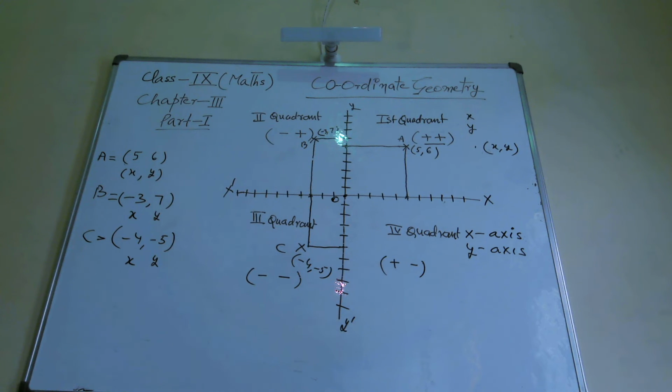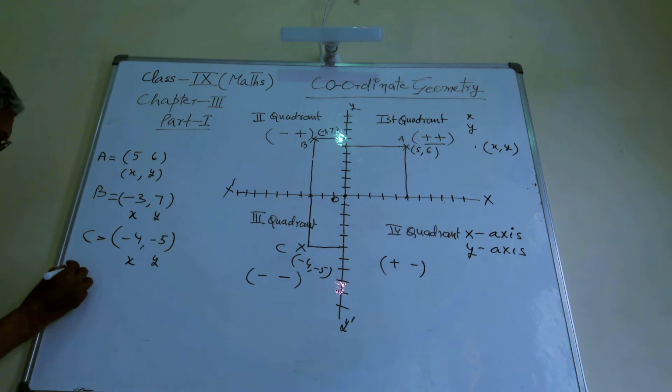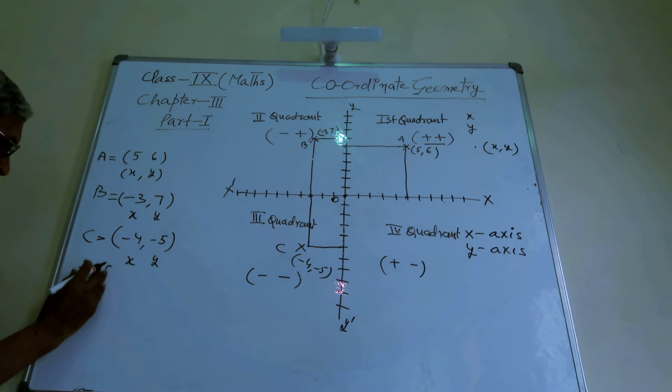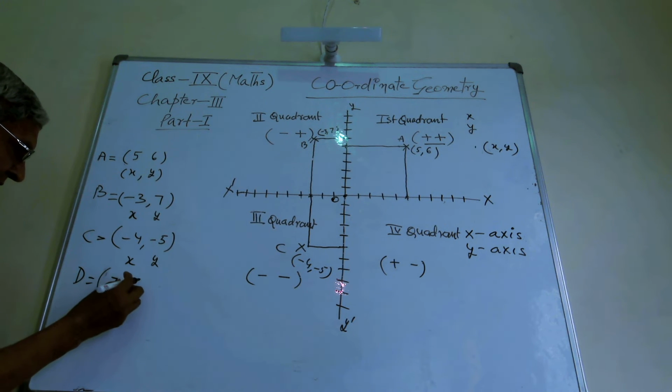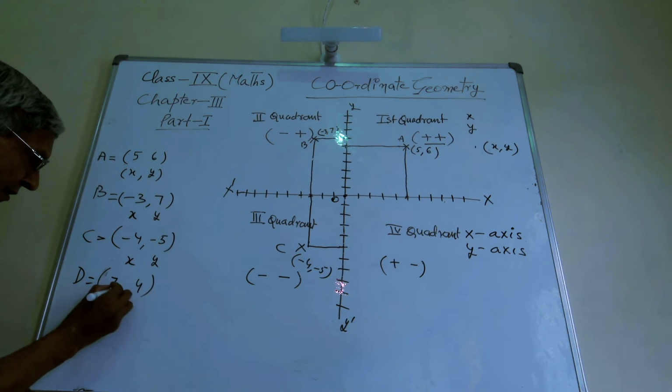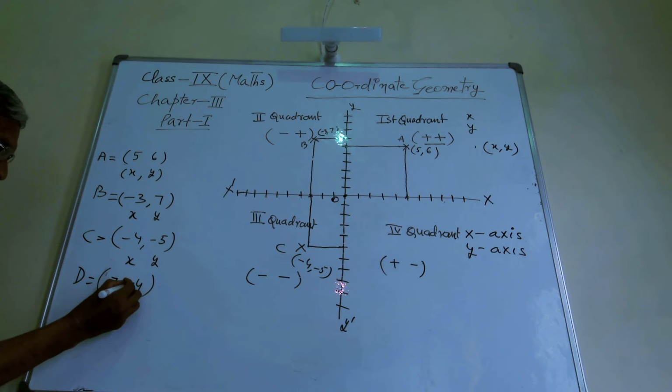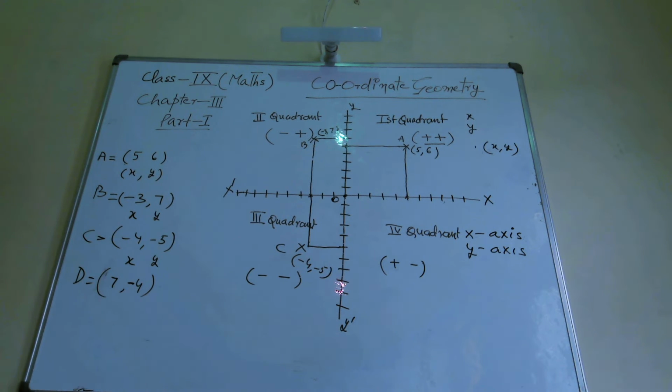Now take another point D. The position of D is (7, -4). These are the coordinates of D point.